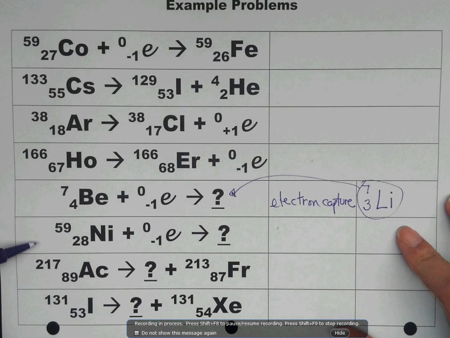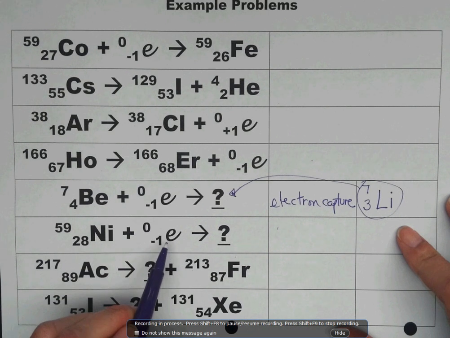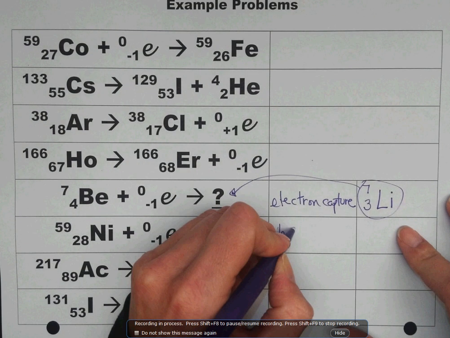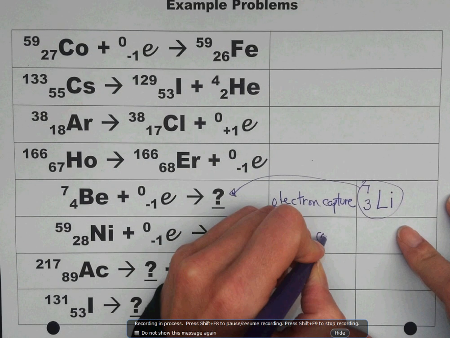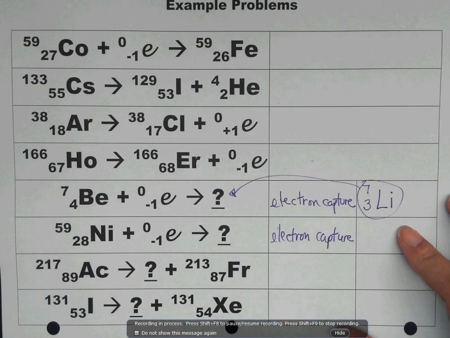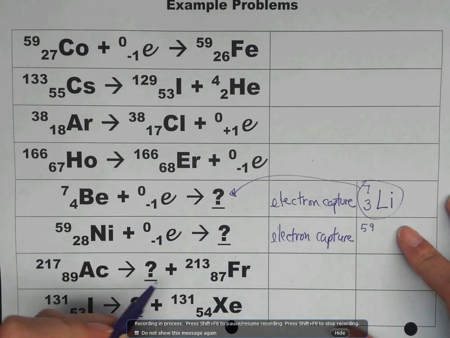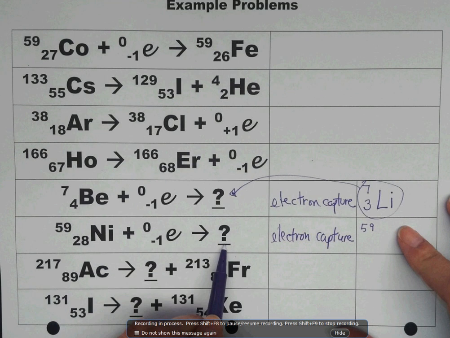Looking at the second one, we notice the same thing. We've got an element plus an electron. So this one is also going to be electron capture. That's the only type that has 2 things in the beginning. So looking at this, once again, our mass does not change because electrons have no mass.